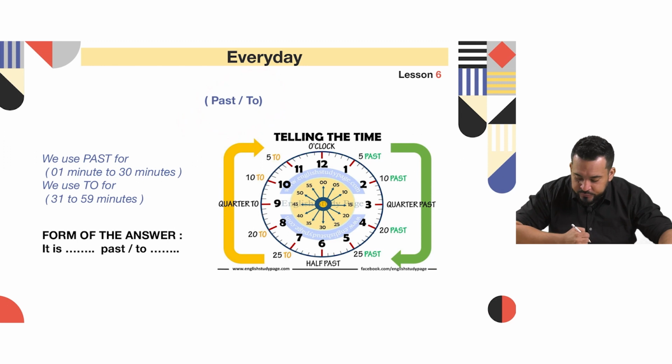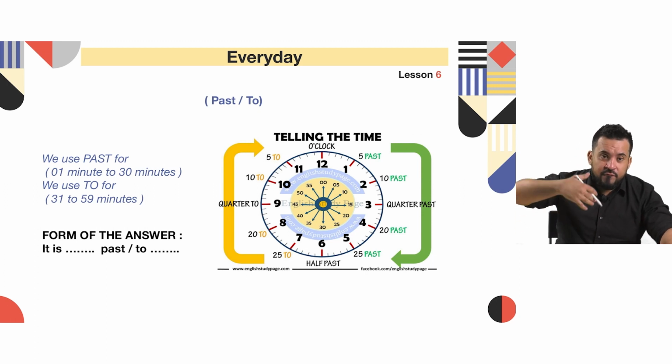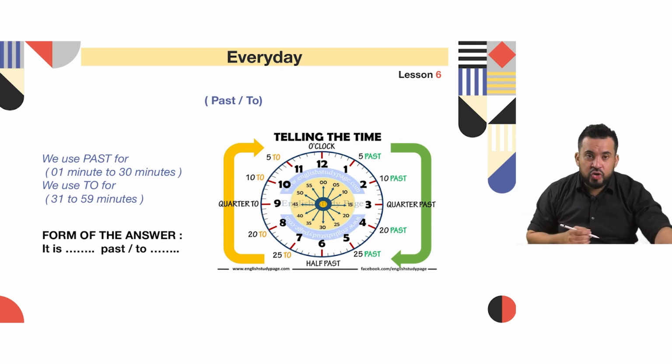Past and to. Past, as we said, it means from minute 1 to minute 30. From minute 1 to minute 30, we said past or after. Okay, so it's five past two, it means it's 5 minutes after 2.